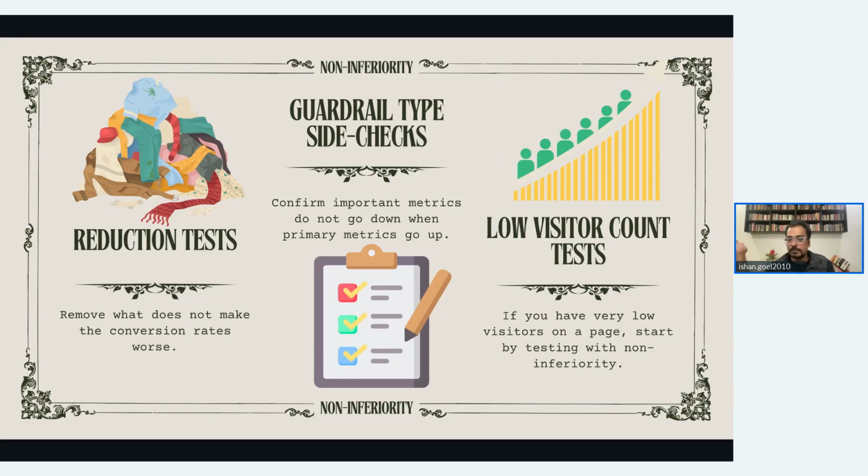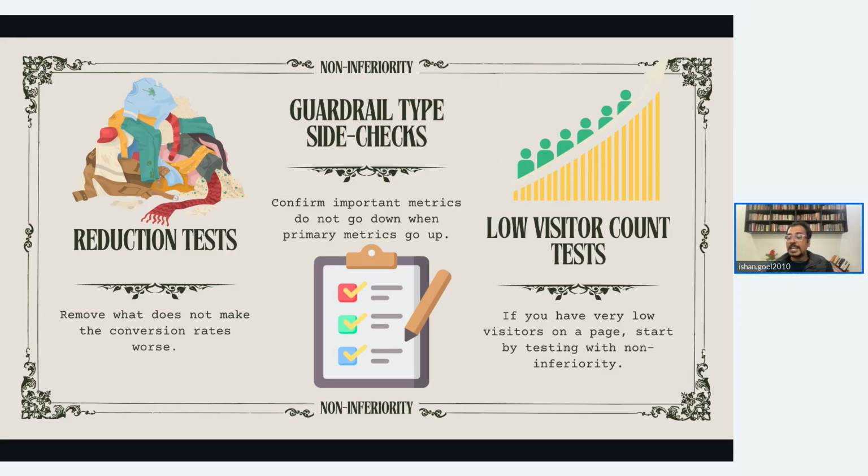While guardrails are required to disable early and to stop harmful experiments from impacting your crucial metrics, these can be some lower version of guardrails that you just want to confirm are not impacted negatively at the end of the test. So you can just run it in the not-worse mode. If I'm making a new design change, then I just want to confirm that my conversion rates are not negatively impacted. So I run a non-inferiority type test.